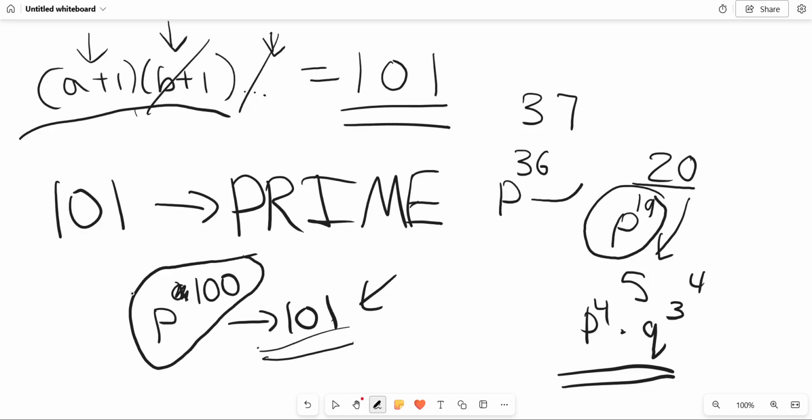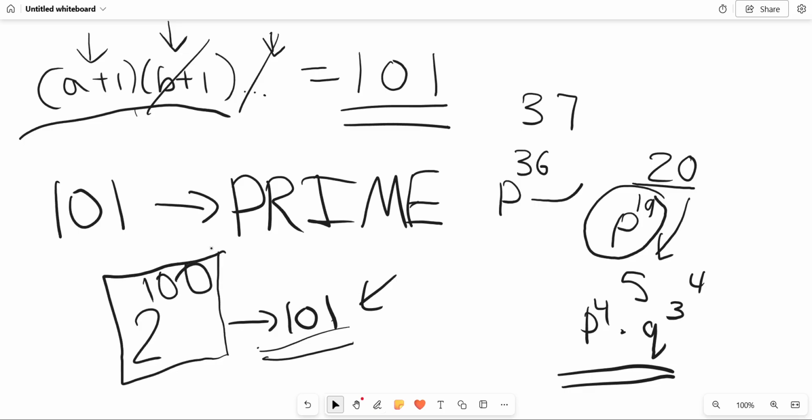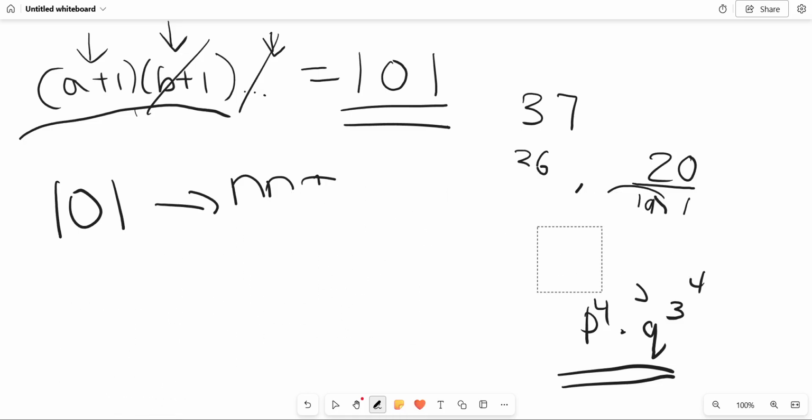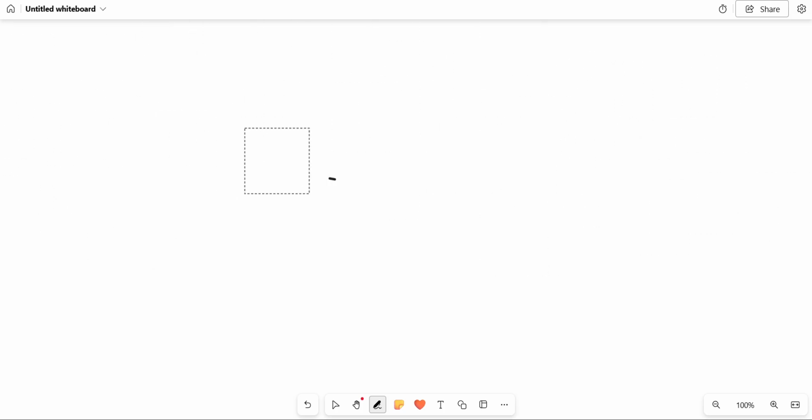Now the smallest prime number is 2. So our optimal solution for 101 would be 2 to the 100. This is the smallest number with 101 factors. Pretty cool, right? 101. It's 2 to the 100. Now that's a very big number, 2 to the power of 100.